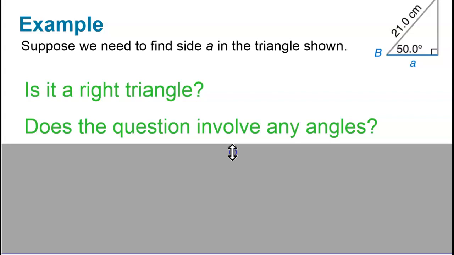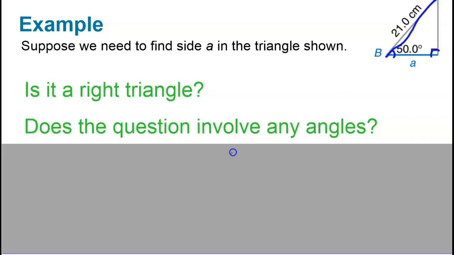Now we have to say, okay, which trigonometric ratio are we going to use? Well, what are we given first? We are given the angle, as we pointed out. We're given the hypotenuse of 21 centimeters, the length, and we are given the 90-degree angle right here.